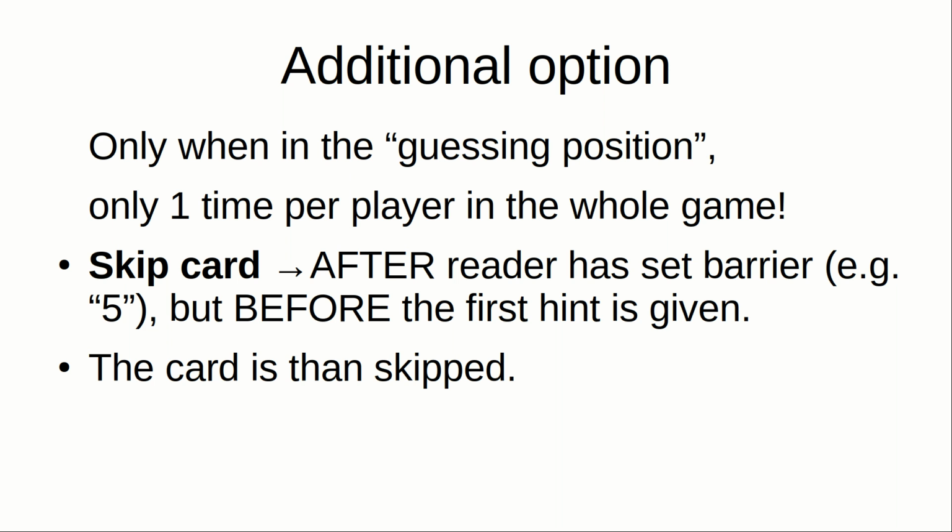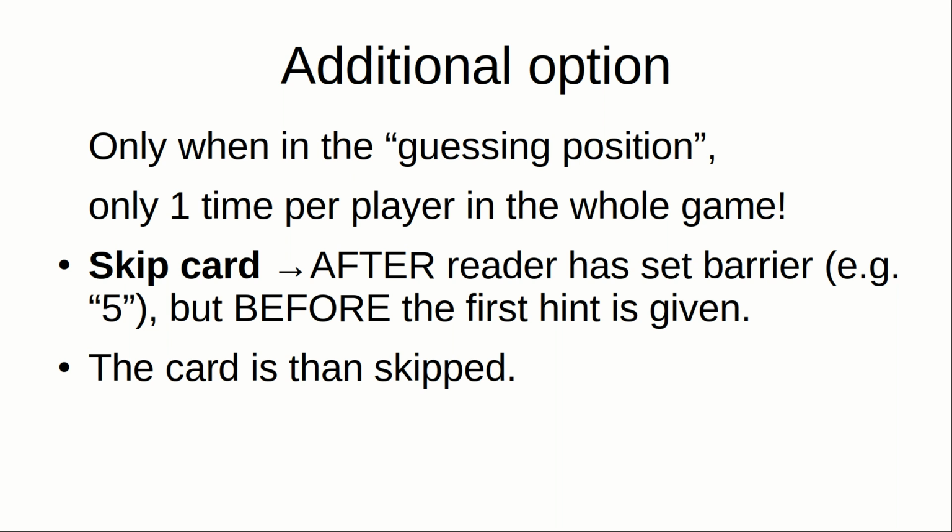And this might be a case where you want to take your skip option, which means you say, I want to skip this card, and this card will be skipped, okay? And this is bad for the blue player, because it might have been a very hard card, and he doesn't get those 13 points then. Just another card is now given, so the blue player has to click on the next card in this website, and another card, maybe an easier card, is given, okay?